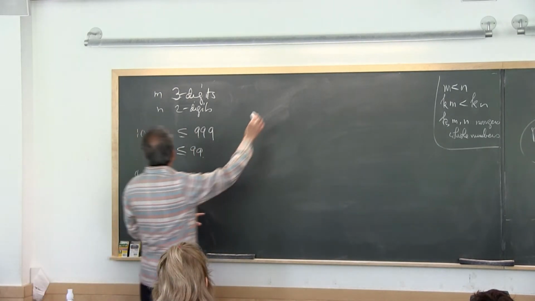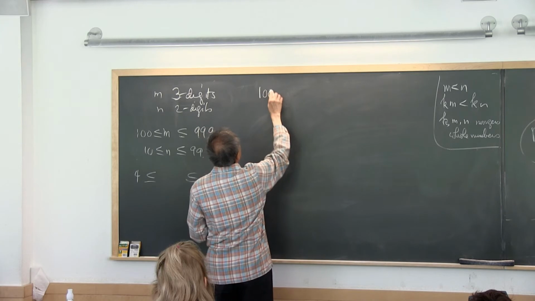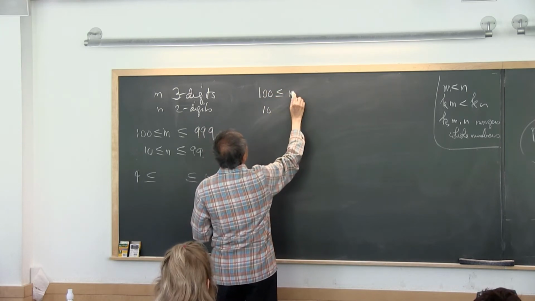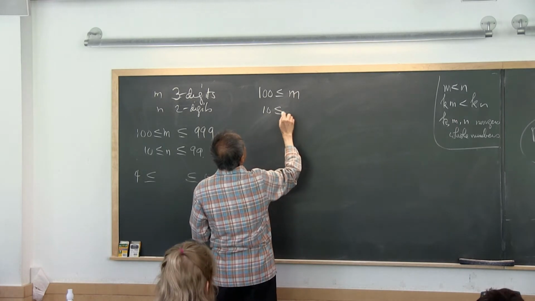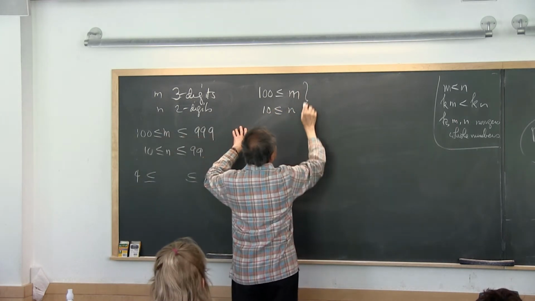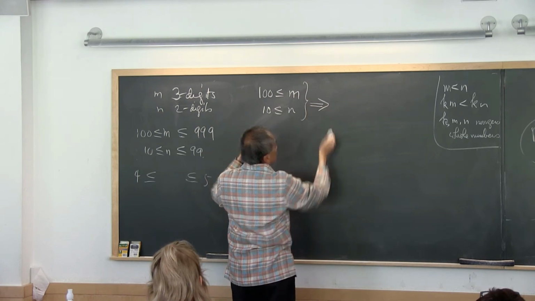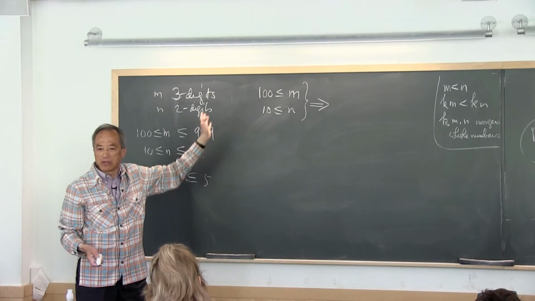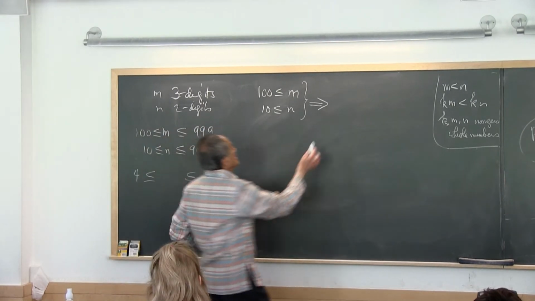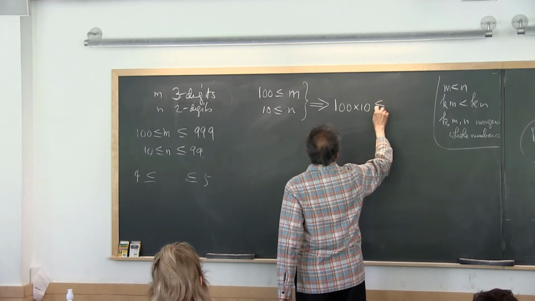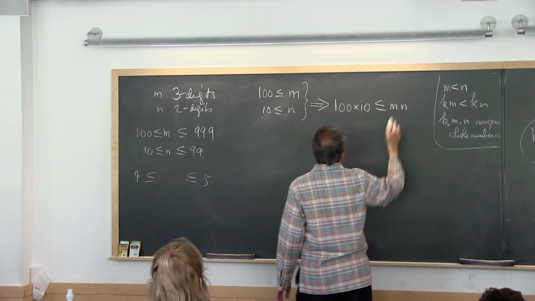So what I want to say is that if 100 is less than n, 10 less than n, we want to say that these imply, and this is the simple way to say implies, meaning that I can use it to deduce something else, is that 100 times 10 is less than n times 10.